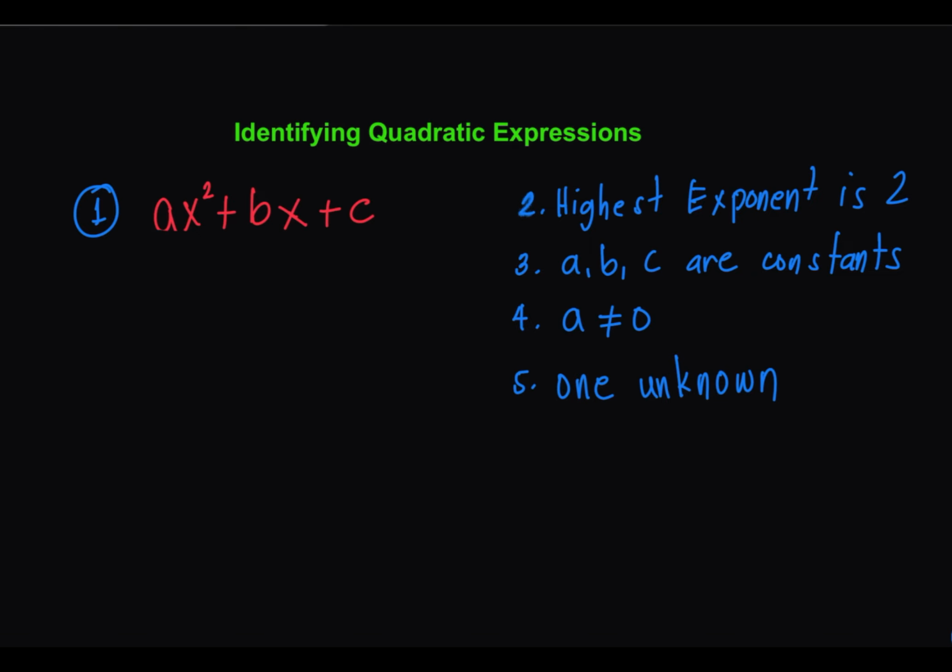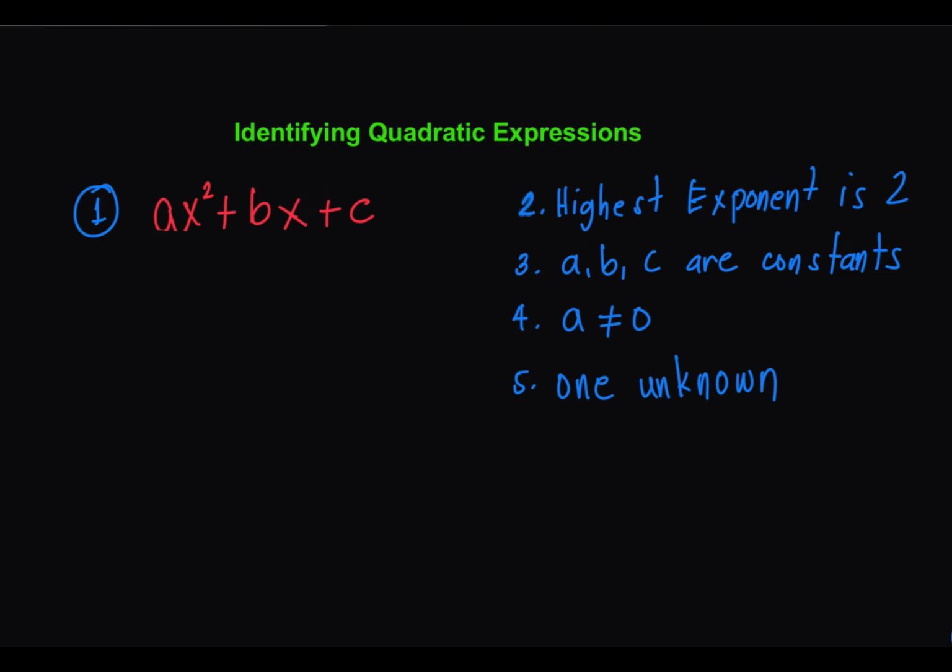Alright? And next, number 2, highest exponent is 2. So, para maging quadratic expression, ang highest exponent should be 2. So, dito sa ax squared plus bx plus c, ang highest exponent ng x is 2. Ito yung highest exponent.